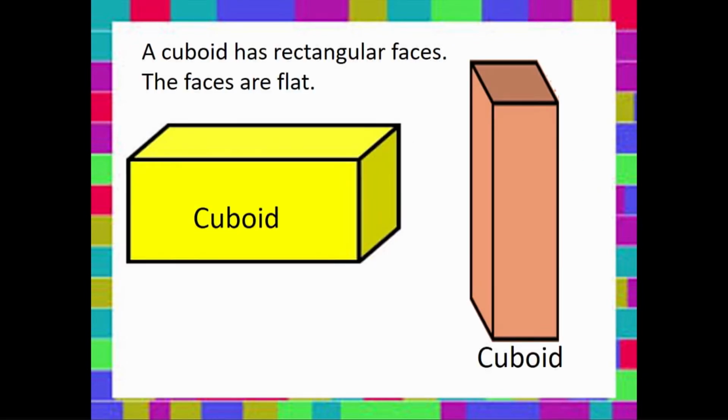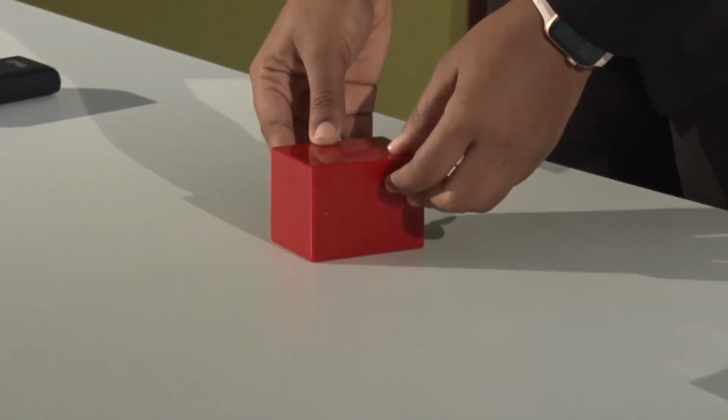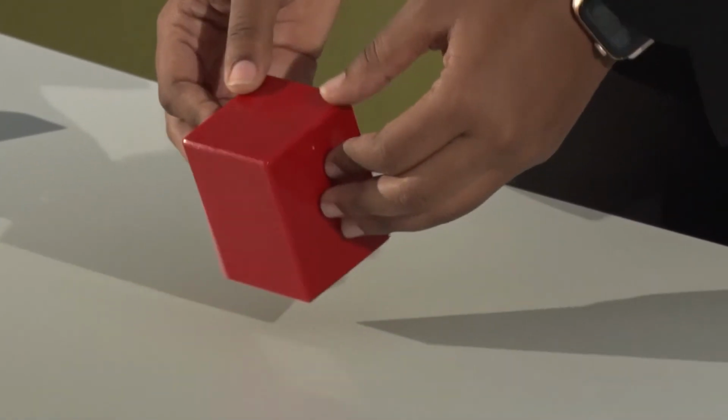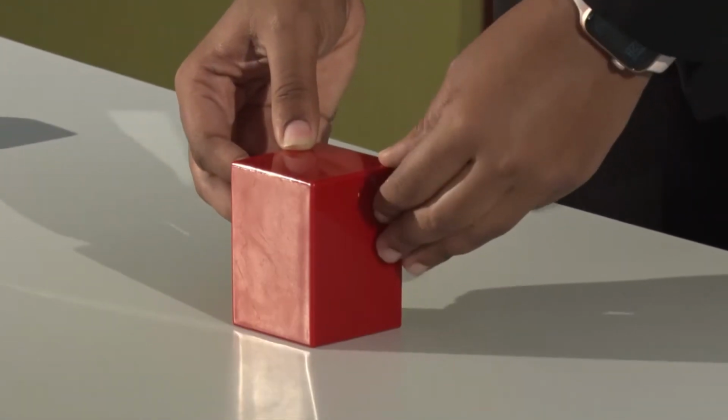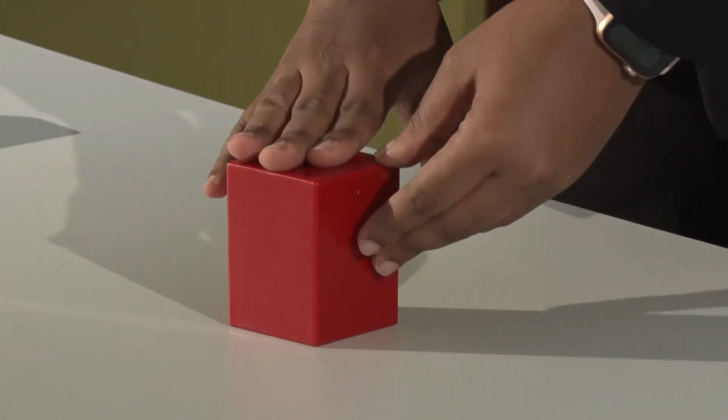We're going to look at our next shape, a cuboid. A cuboid has rectangular faces. The faces are flat. What do you notice about the cuboid? Are all the faces alike?